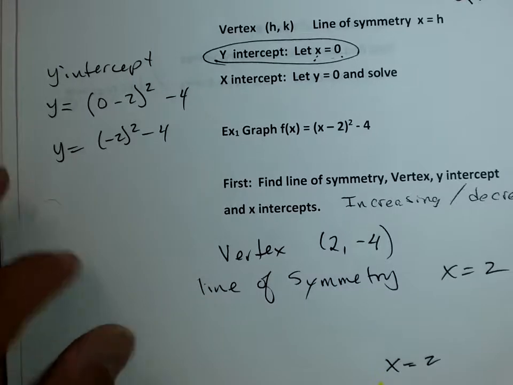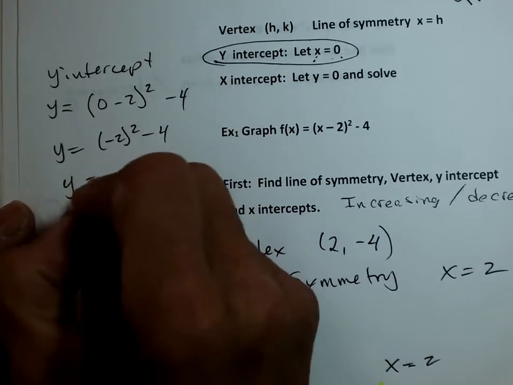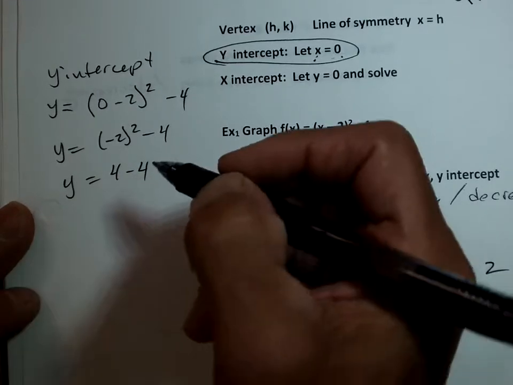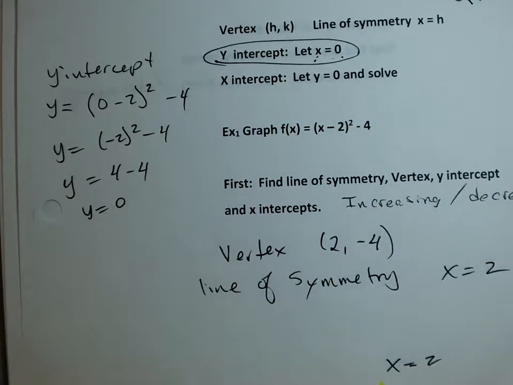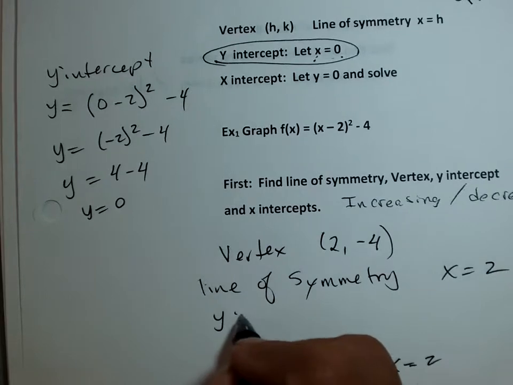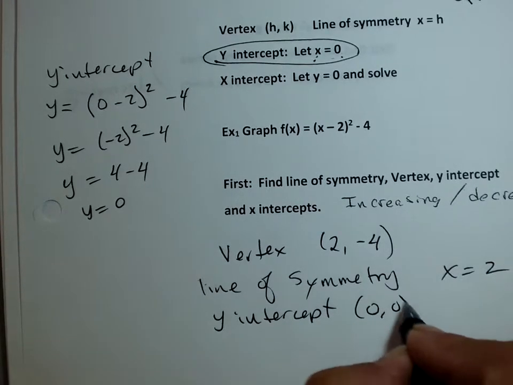Now I'm going to square it. Negative 2 times negative 2 is a positive 4, so I get y equals 4 minus 4, or 0. Okay, so I know I have a y-intercept of (0, 0). Okay, so I can graph that.